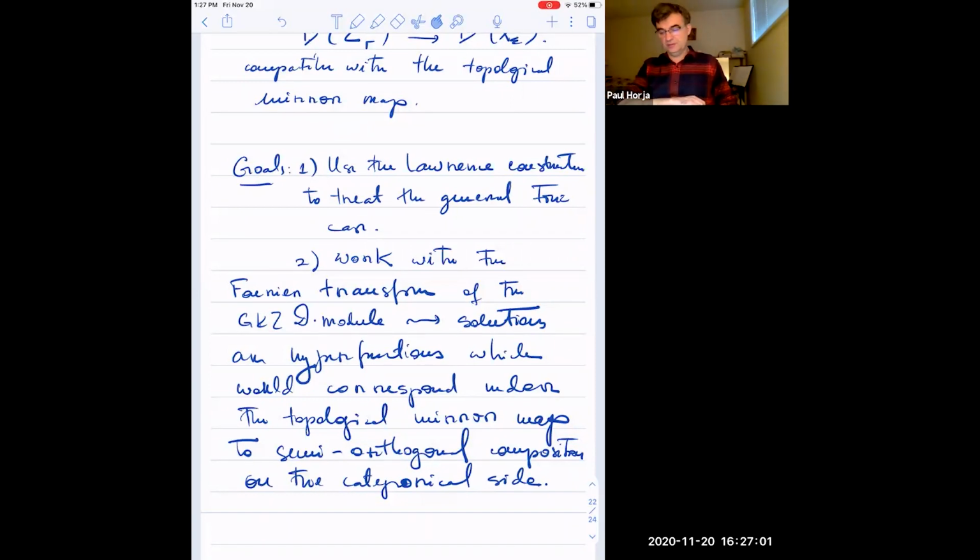But another point, and even more importantly, maybe, as I mentioned, taking the Fourier transform of this GKZ D-module takes you to the world of distributions and hyperfunctions. And the hyperfunctions are, in a way, precursors of the theory of microfunctions that people have been using in mirror symmetry.